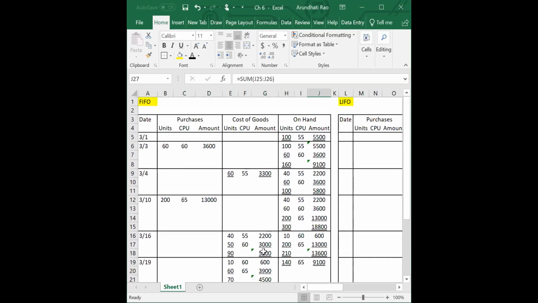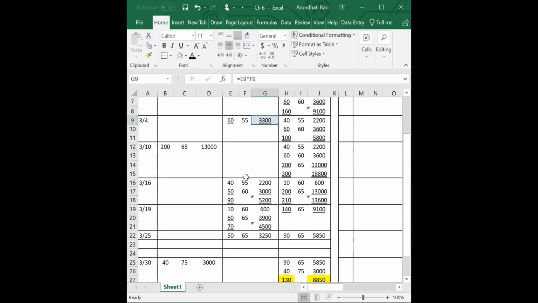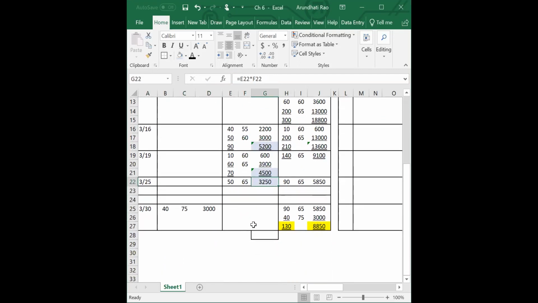I did cost of goods sold for each transaction. So if you add up these numbers, put in a different color, add up the cost of goods sold for each of these sales transactions. My cost of goods sold is $16,250.